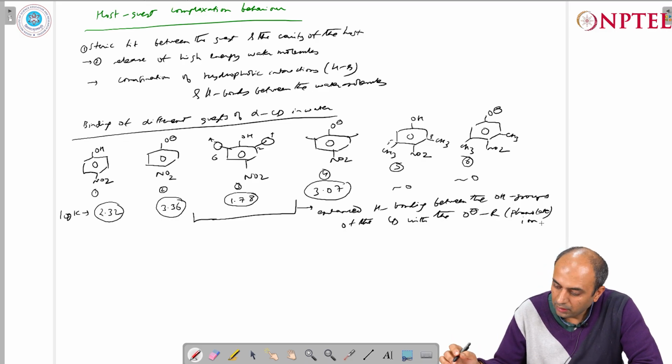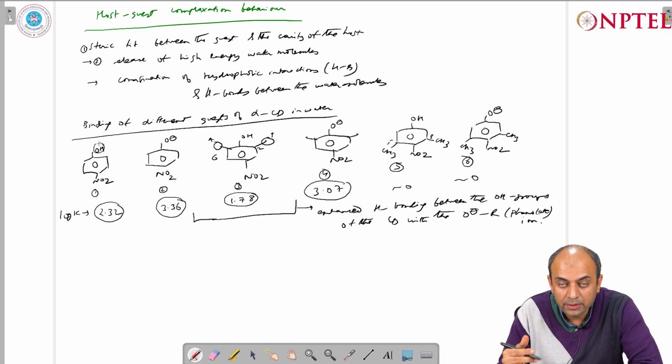It is not that there is no hydrogen bonding with the phenolic groups, obviously it also exists, but O- has greater charge density, so the strength of the hydrogen bond is greater, and therefore the binding is also much greater.